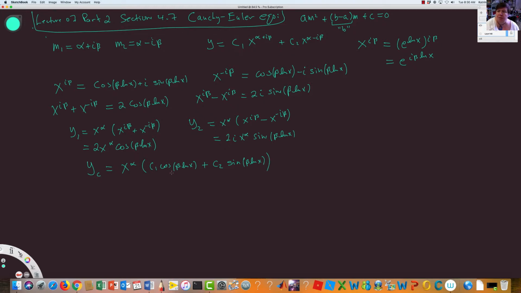So this is very similar to the constant coefficient case, except we don't have this ln of x in there; we just had beta x. Remember what beta was.